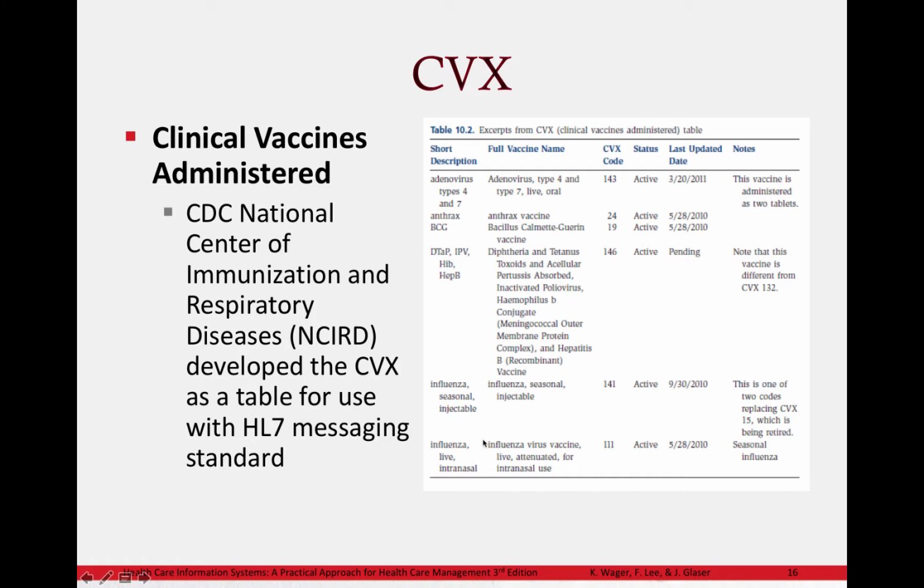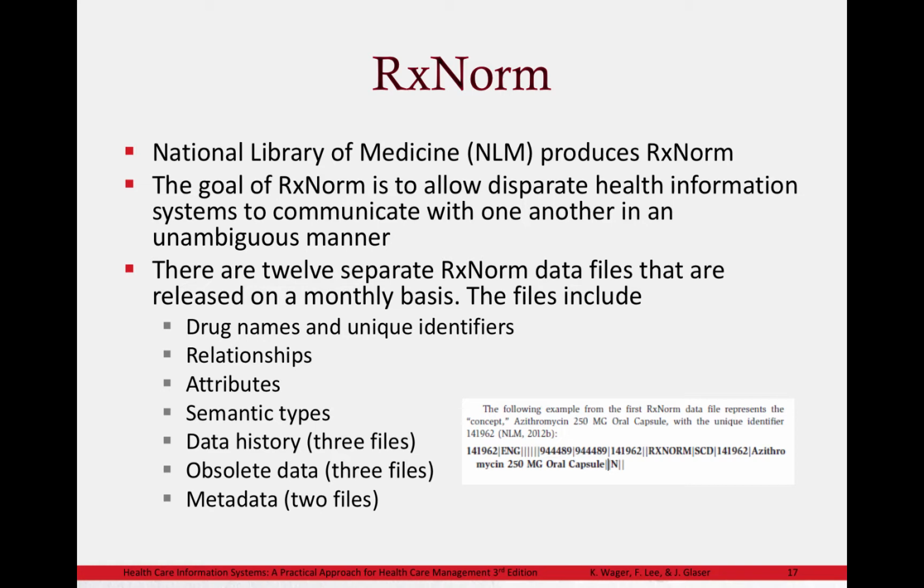Then you have CVX standards, clinical vaccine administered. That's the clinical standard from CDC about how we define vaccinations. And RxNorm basically is maintained by the National Library of Medicine.